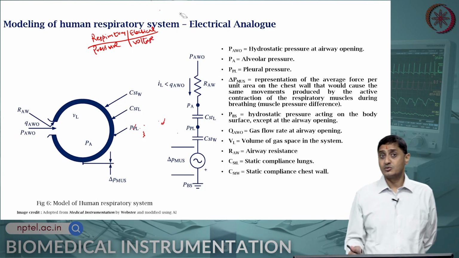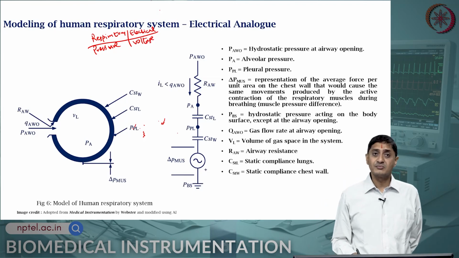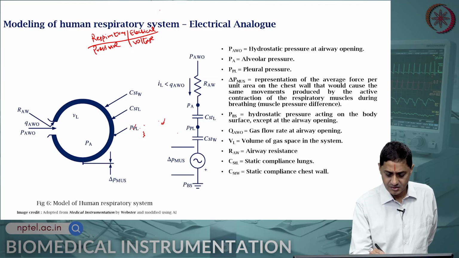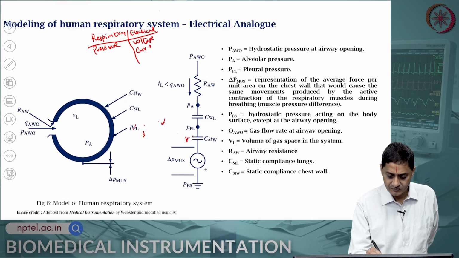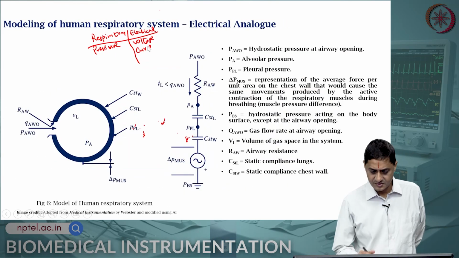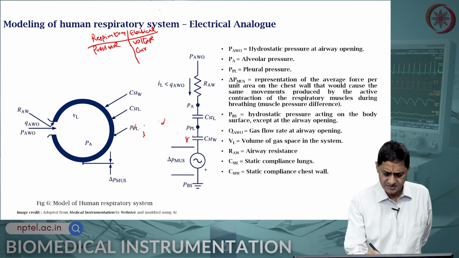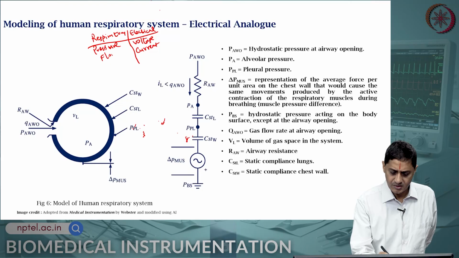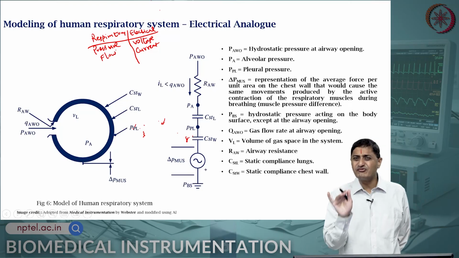If pressure is comparable to voltage, then what is comparable to current? Flow, is it not? This is current. It's quite challenging to write in this, right? That is flow.